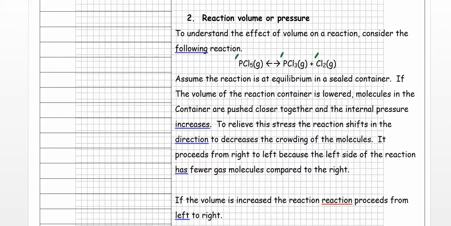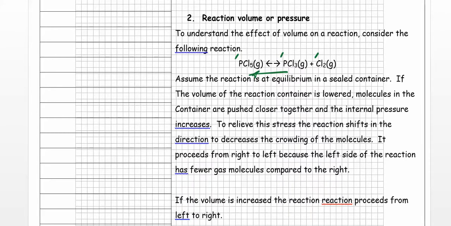So what happens if I increase the pressure of the system? Then the system is going to shift, according to Le Chatelier's principle, away from the high pressure part of the equation. It's going to shift to the left. If I were to increase the volume, right?